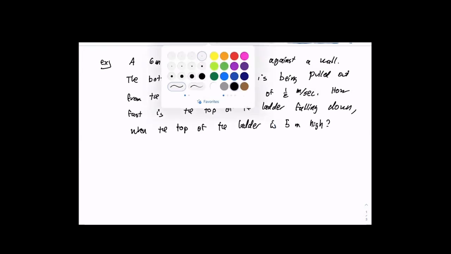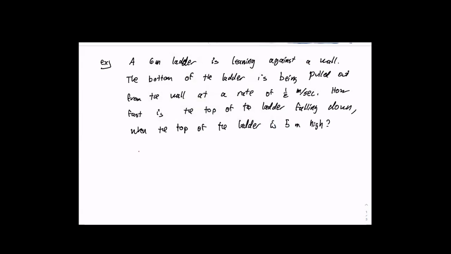So what type of shape is it? Well, I just told you, it's a right triangle. And the idea here is that this right here is my ladder, and this ladder is 6 meters. So this ladder is always 6 meters.